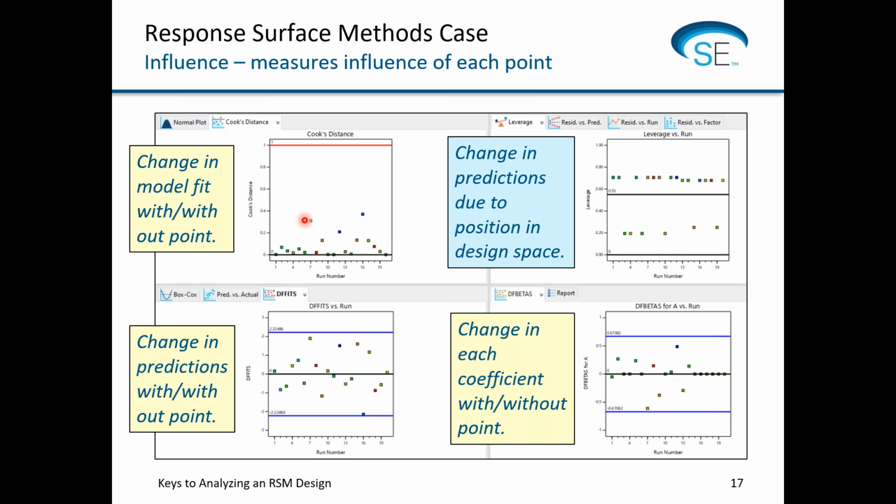And so some of them are a little bit more influential. Down here, DFFITS, we're testing the predictions with and without the point. So this one tests the model fit, this one tests predictions that we're making, and this third one tests the change in each coefficient. So the DFBETAS is one where you actually have to change which coefficient you're looking at, A, B, C. There's a little pull down here that you can change that.